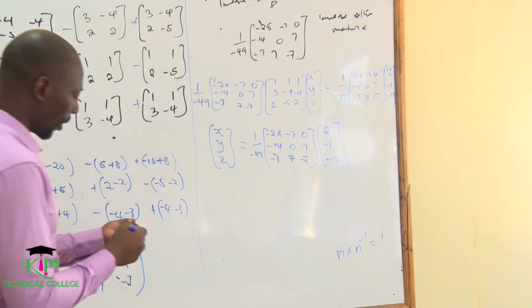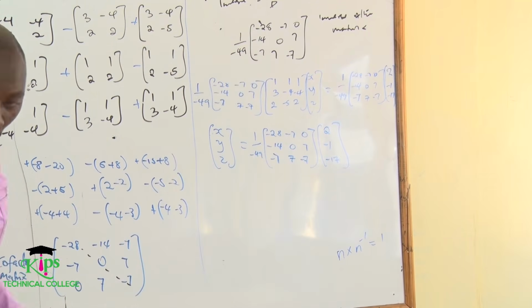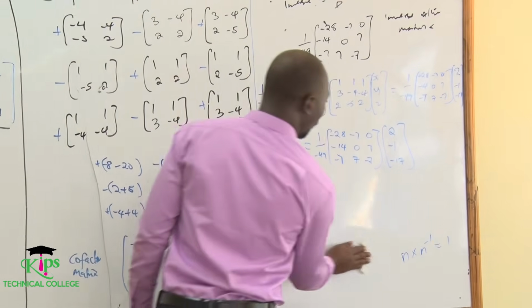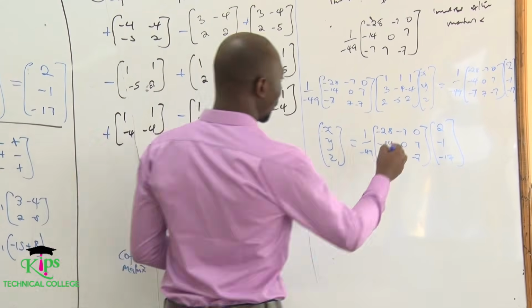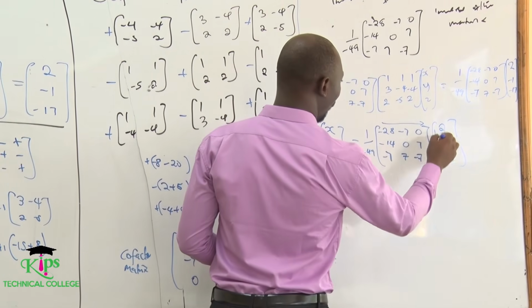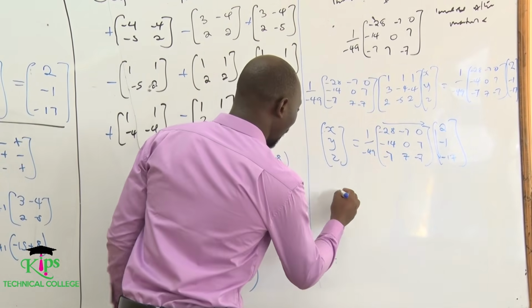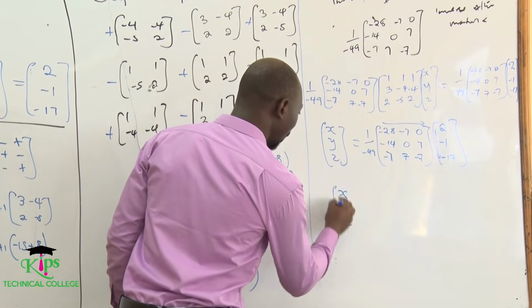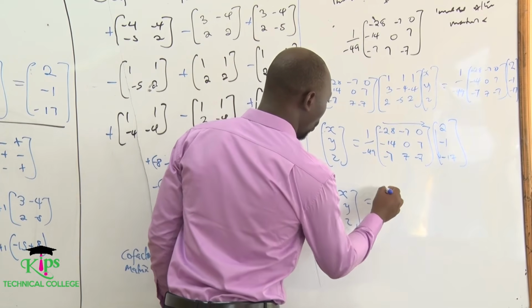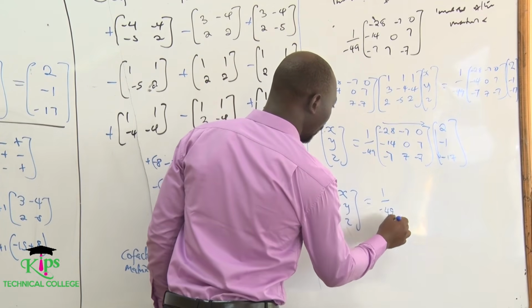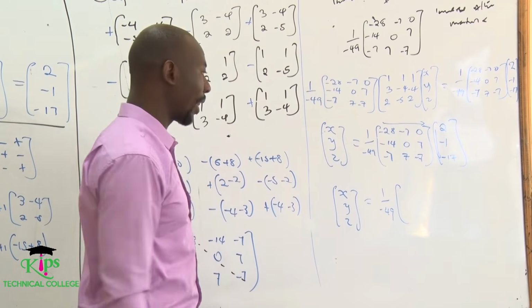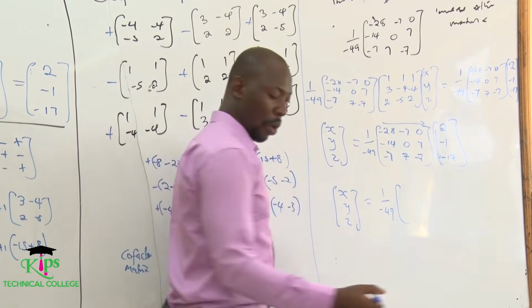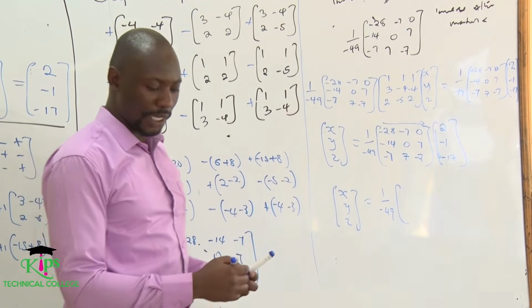So if you multiply the two, remember how we have done how to multiply 3 by 3 matrices, that is rows and columns. Rows by the column. Then you add them together. x, y, z shall therefore be equal to 1 over negative 49 into, if you multiply this row and this column and sum together, let's just do it together.